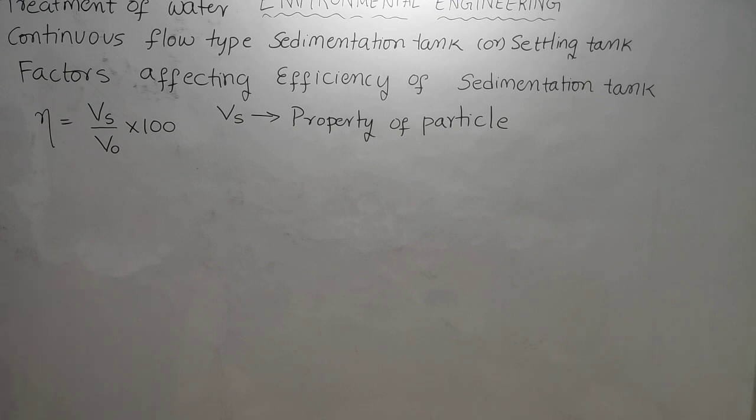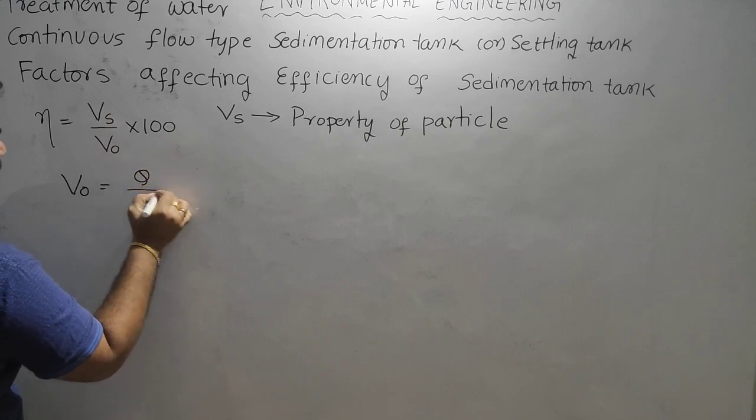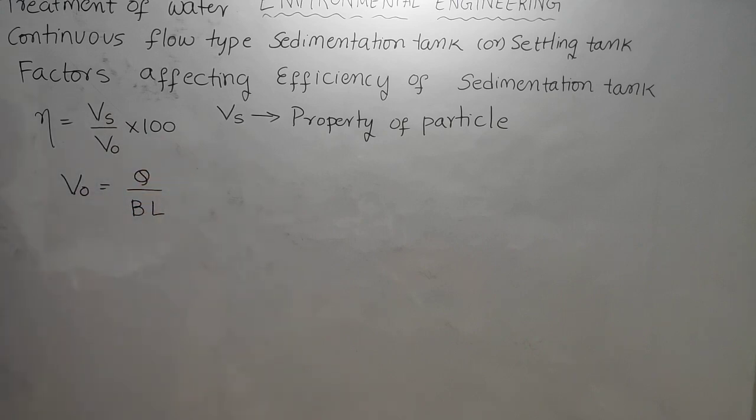Now, V naught is equal to Q by BL. If Vs is not controlled by us, remove it.